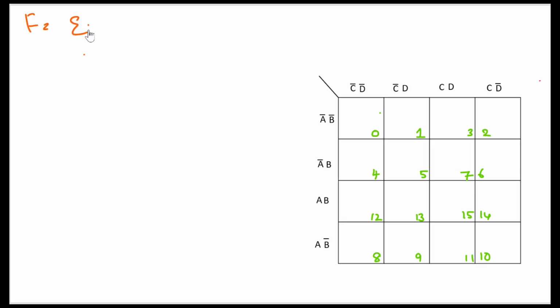F equals sigma m 1, 2, 3, 5, 6, 7, 9, 10, 11, 8, 9, 10, 11 and 15. So this is a min term for a given logic function.